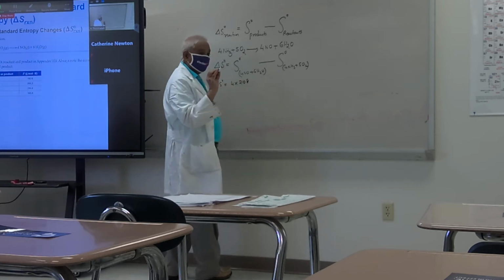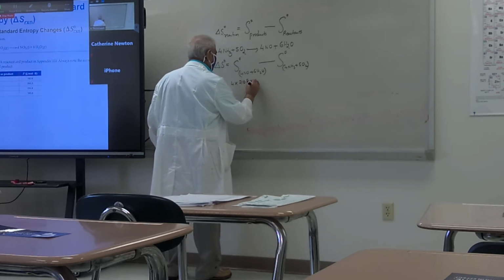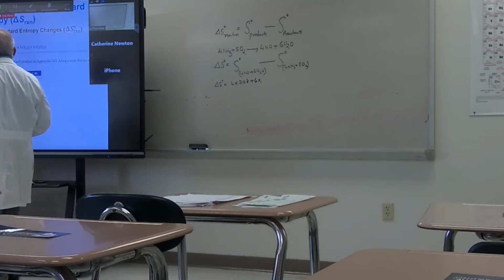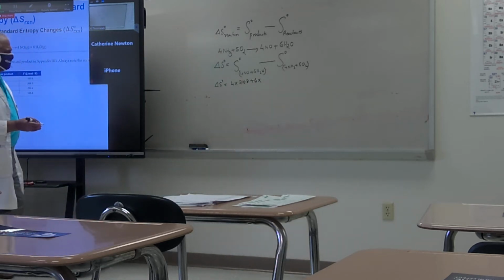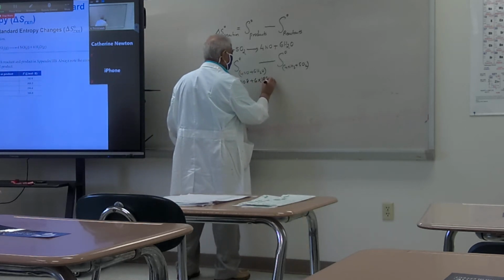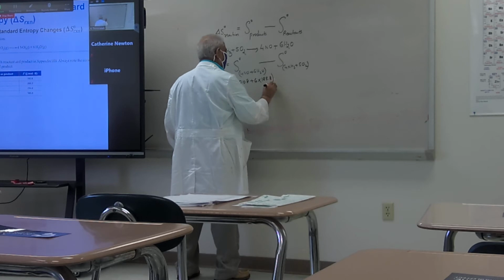I am not writing the units for the time being. Plus 6 times, what is the entropy of water? 188.8. So these are the products.